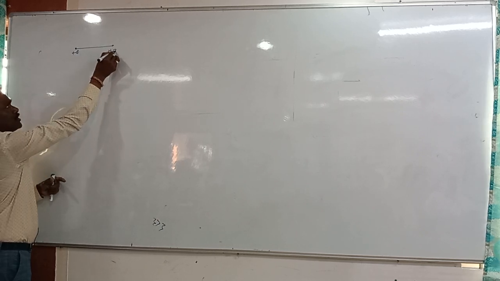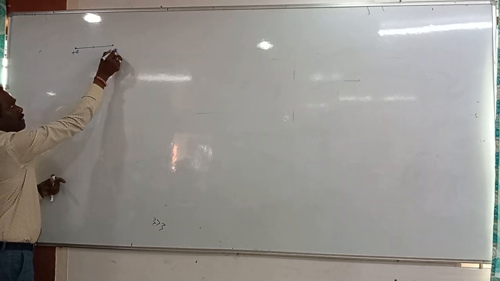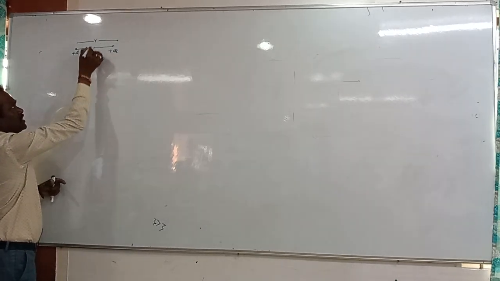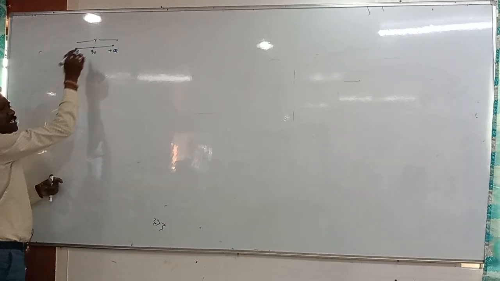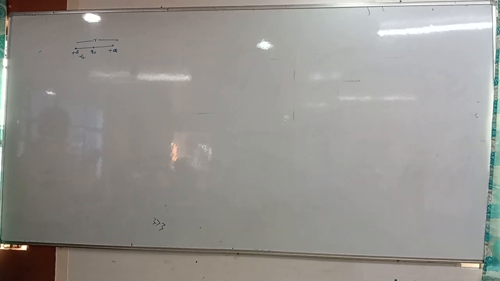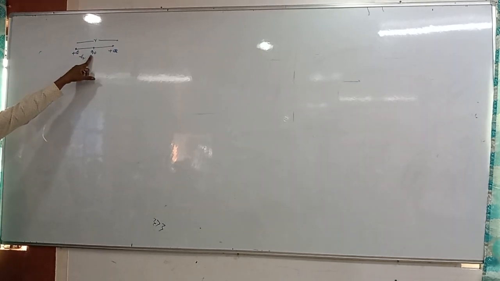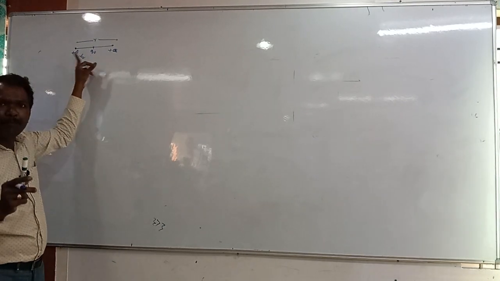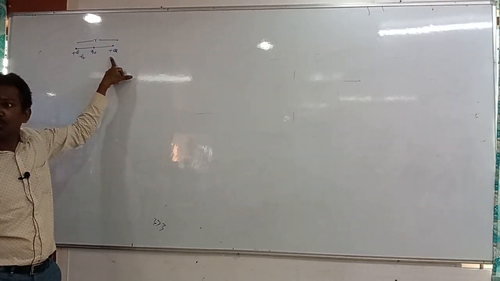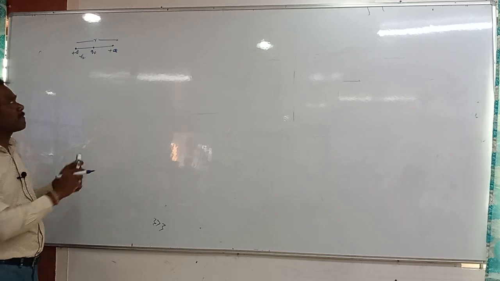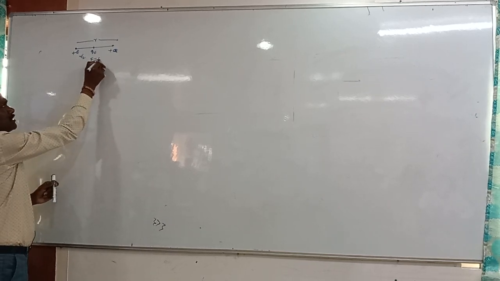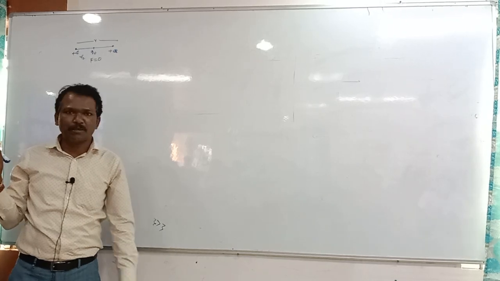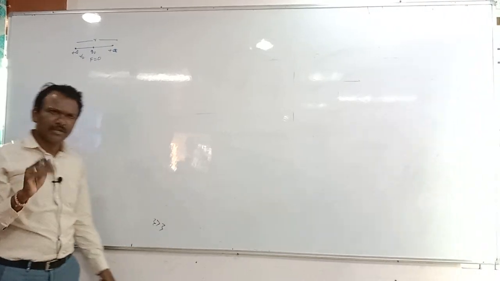Place a charge Q naught at half the distance, that is, at the midpoint of two equal charges. Then the resultant force is 0. That charge is in equilibrium, right?